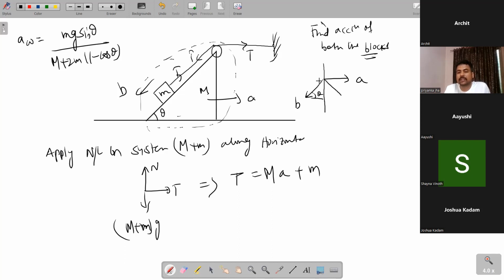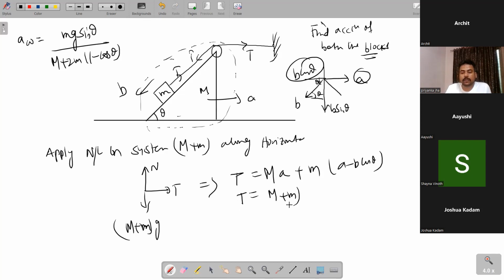So B will have two components, B cos theta and along this B sin theta. So we are considering the motion along horizontal. So A minus B cos theta. So T is m plus m into A minus mB cos theta. First equation.